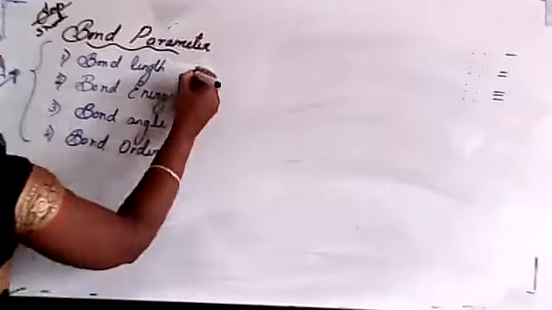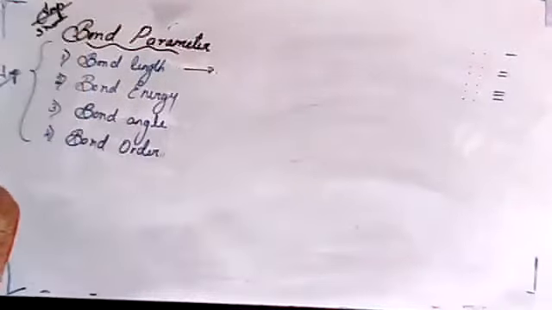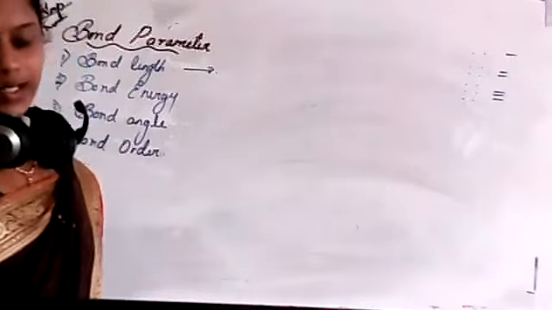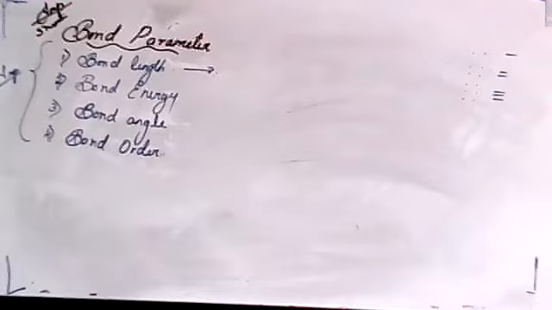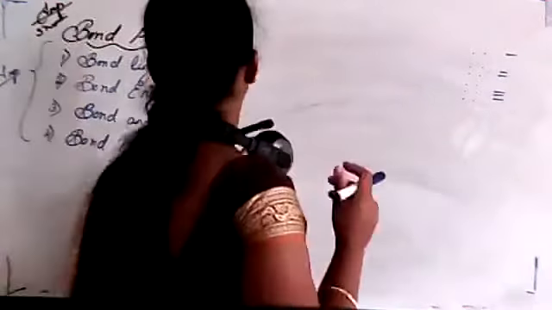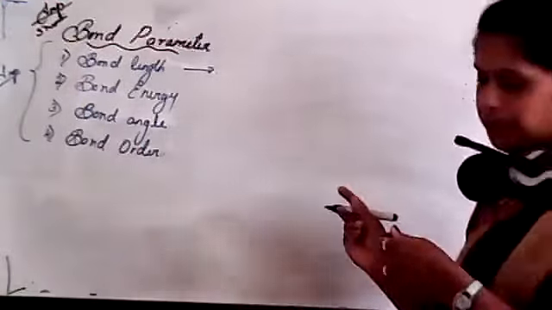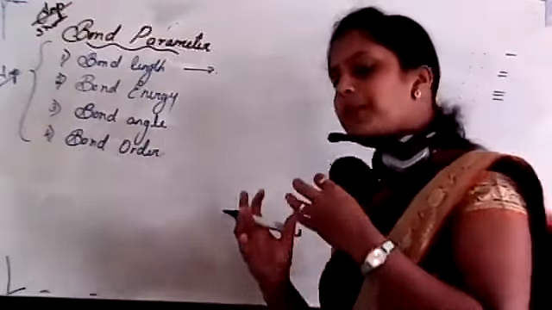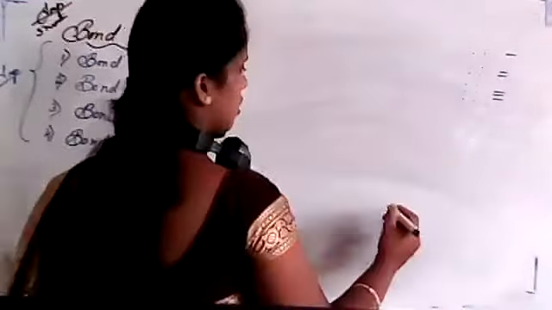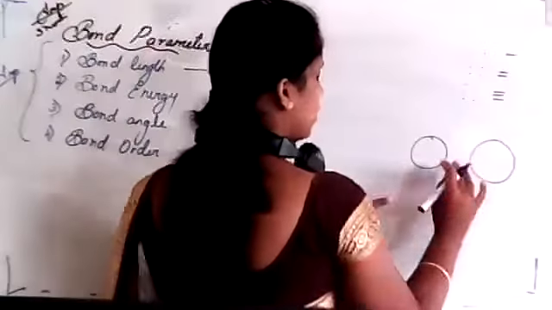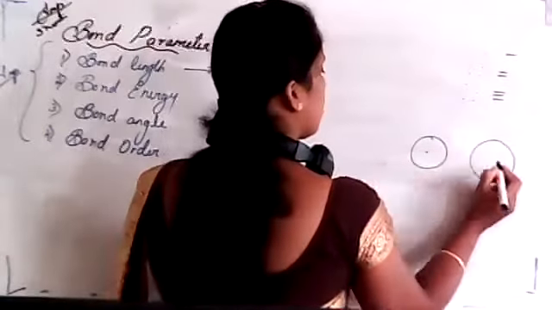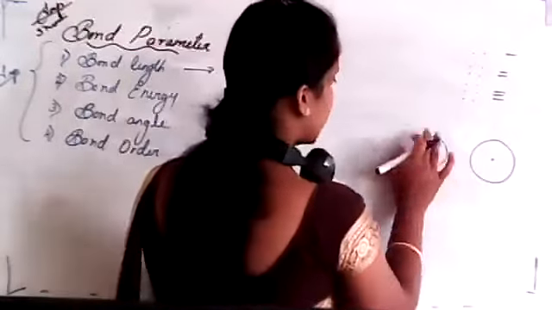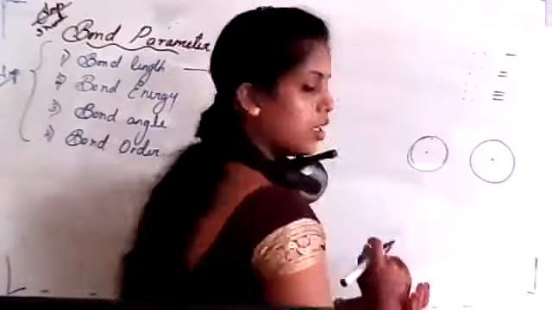So in that, first I'll consider bond length. What do you mean by bond length, student? It is the equilibrium distance between, if in case I consider oxygen, a single oxygen atom and another oxygen atom, if both have the same size, okay?